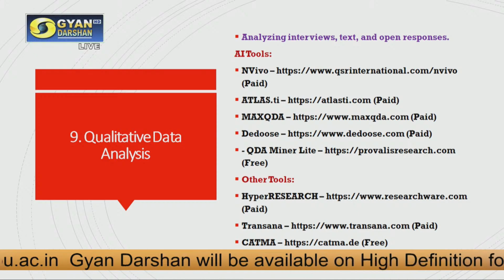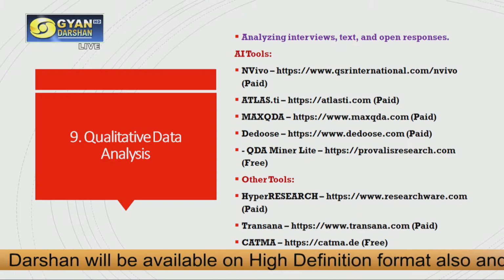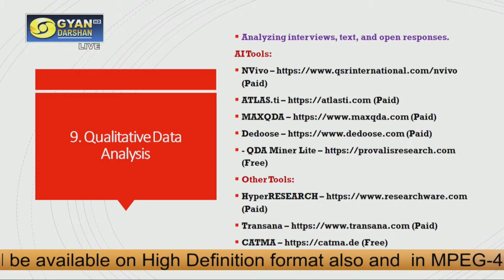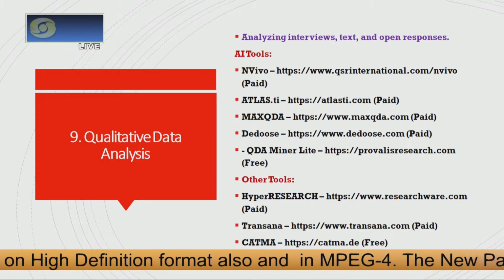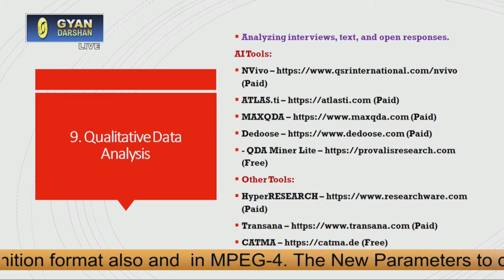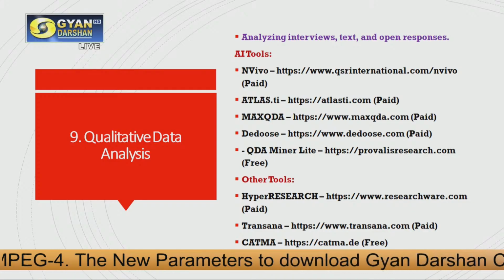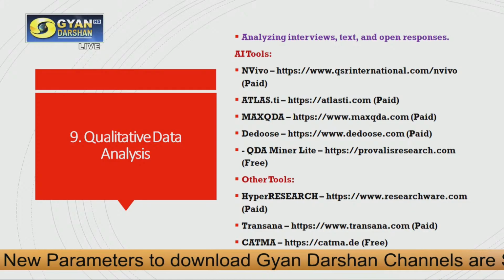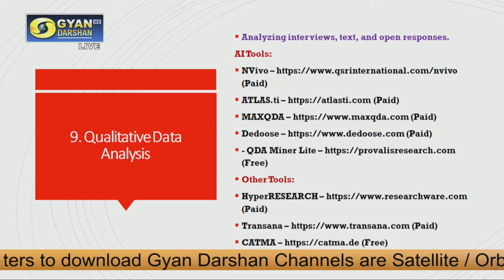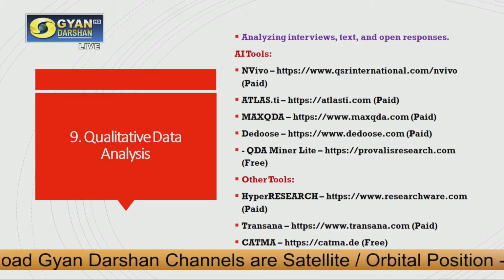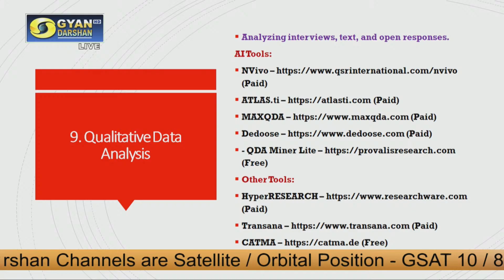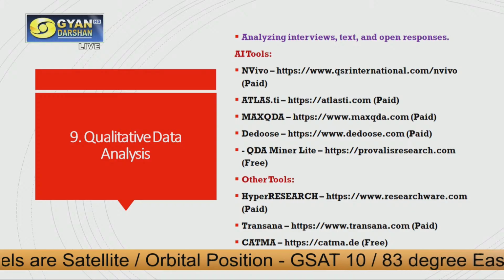Now, if we talk about research, we have qualitative studies and quantitative studies. Sometimes we undertake mixed methods studies also, where both quantitative and qualitative data will come in. Some of the tools which you are seeing on the screen are ICT based tools which you can use for qualitative data analysis.